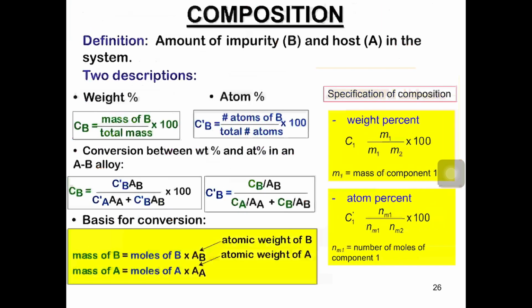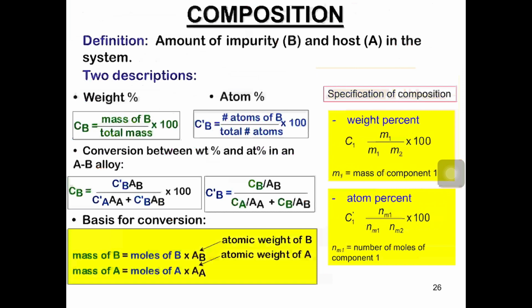This one is about the composition of A and B. Impurity is B and host is A in the system. There are two descriptions: the first in terms of weight percentage, the second in terms of atom percentage. There is a normal formula you have to calculate.